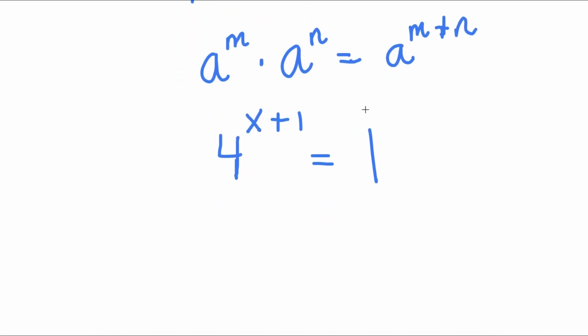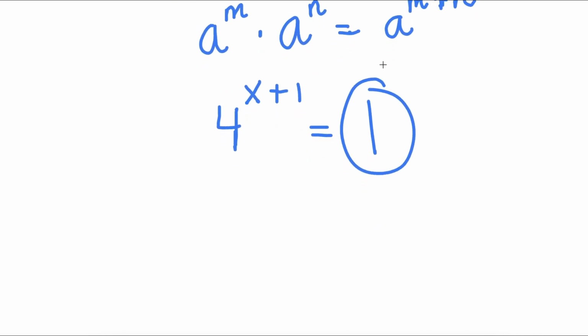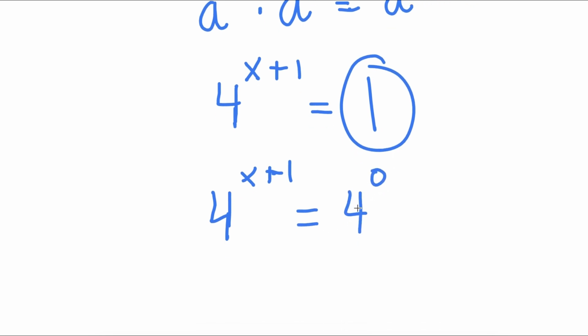So now 1 here, this is the same thing as 4 to the power of 0. So now I have 4 to the power of x plus 1 is equal to 4 to the power of 0.